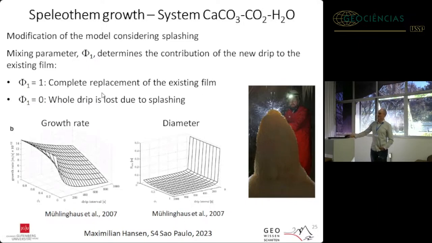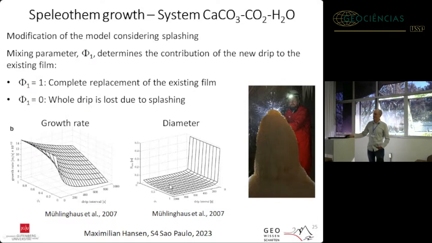So they introduced a factor for the degree to which the solution film is completely replaced or completely lost due to splashing. So the p-value here of 0 would be the complete replacement of the existing film, and the value of 0 would be the loss of the whole water just by splashing, for example.